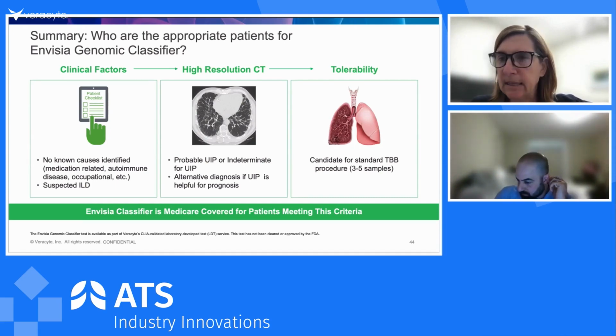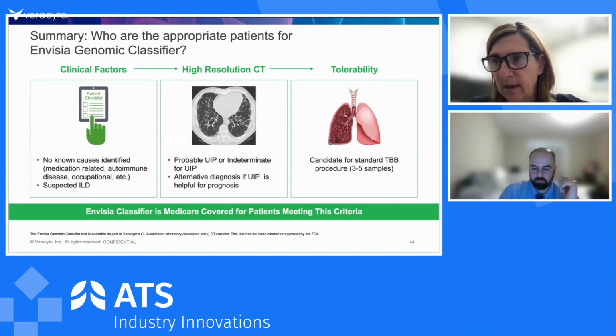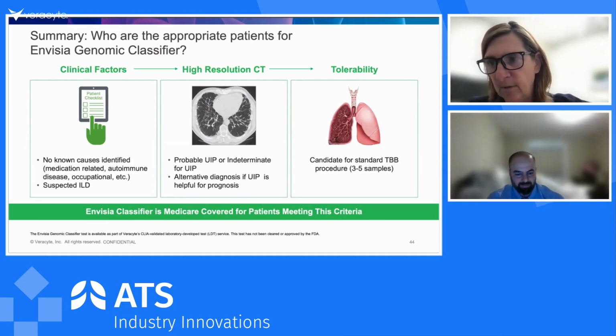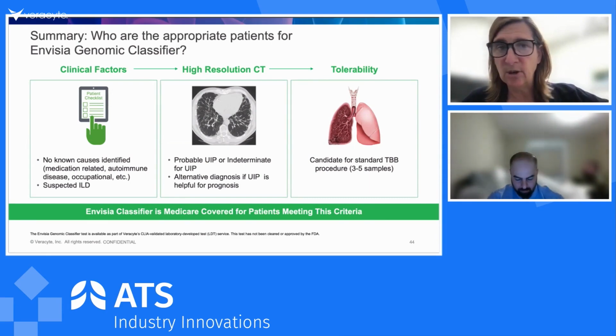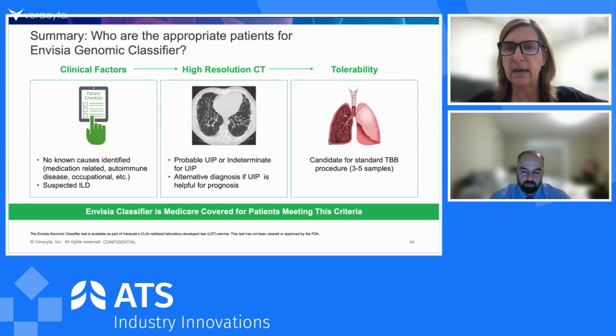High resolution CT scan factors that make us think about using the genomic classifier include probable UIP in patients that don't have those classic IPF risk factors, such as males over 60 and former smokers, or indeterminate CT scans. And an alternative diagnosis to UIP is helpful for the prognosis. So understanding if we have UIP or an alternative diagnosis could help us understand what to do next.